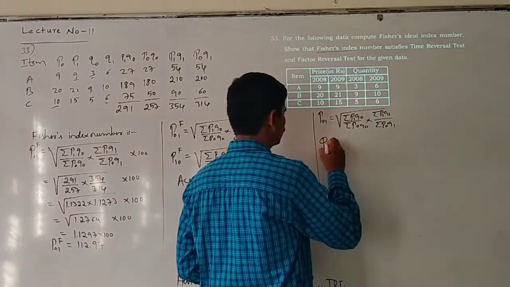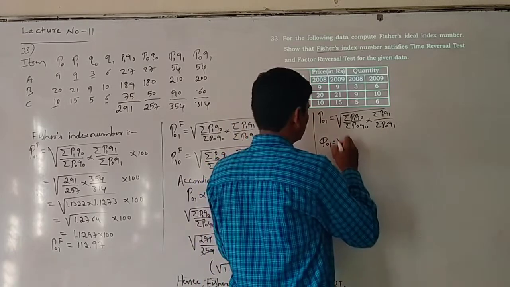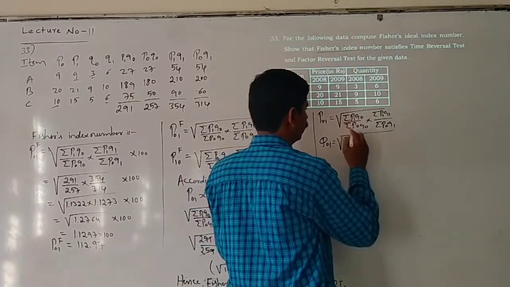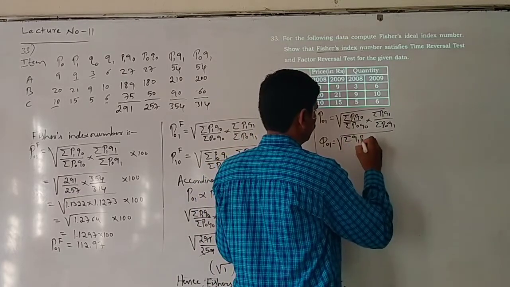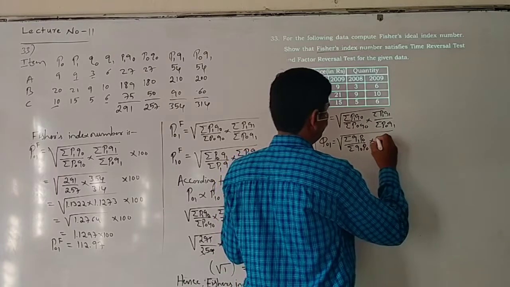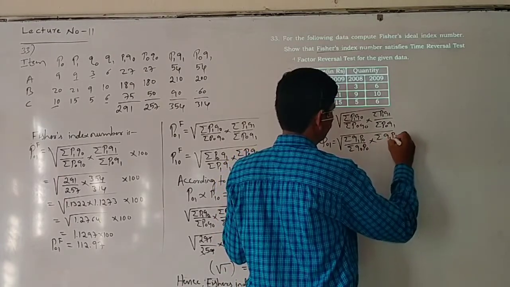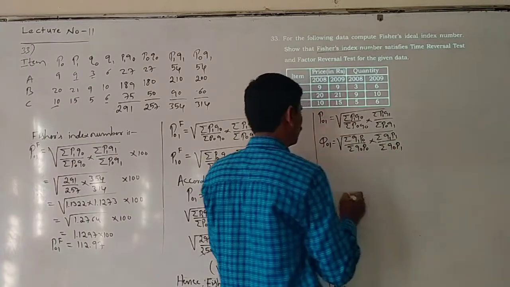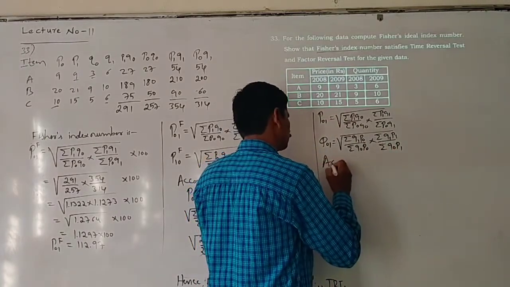Next, we want Q01 also, that is the quantity index number, that is under root of sum of Q1 P0 by sum of Q0 P0 into sum of Q1 P1 by sum of Q0 P1.